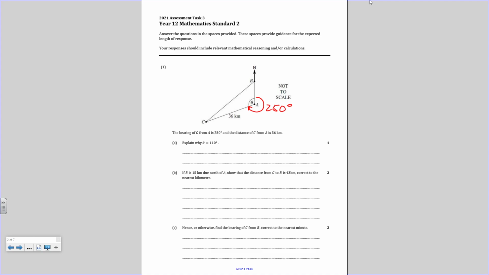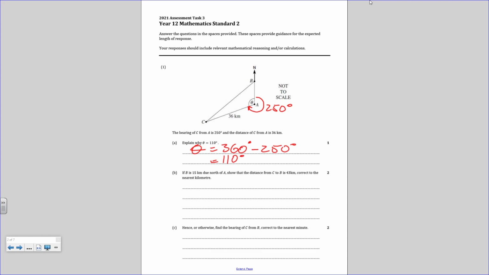Well, at A, there's 360 degrees in a whole revolution. Simply, all we need to write is theta equals 360 degrees minus 250 degrees, and that equals 110 degrees. Fairly simple, it's giving you the answer in the question. It's only 1 mark. You just need some kind of calculation to say why it's 110 degrees.